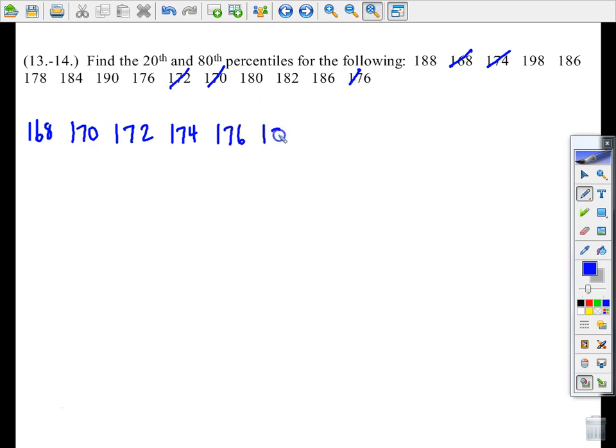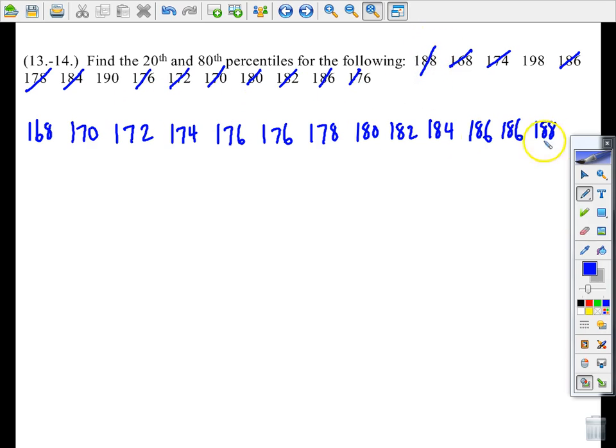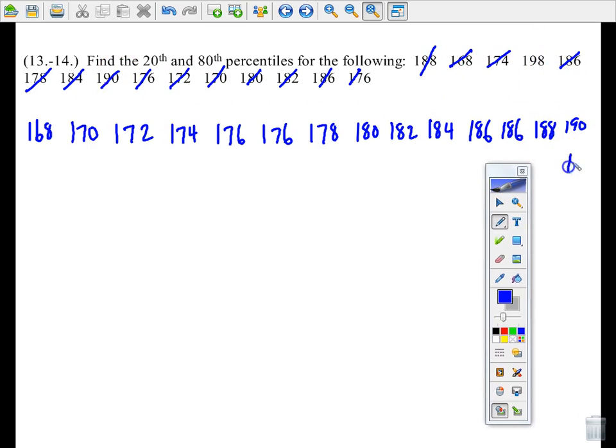I got another 176, 178, 180, okay, 182, 184, 186, two of them, 188, 190, and I don't think I'll be able to squeeze that in. I'll just put 198 right here.